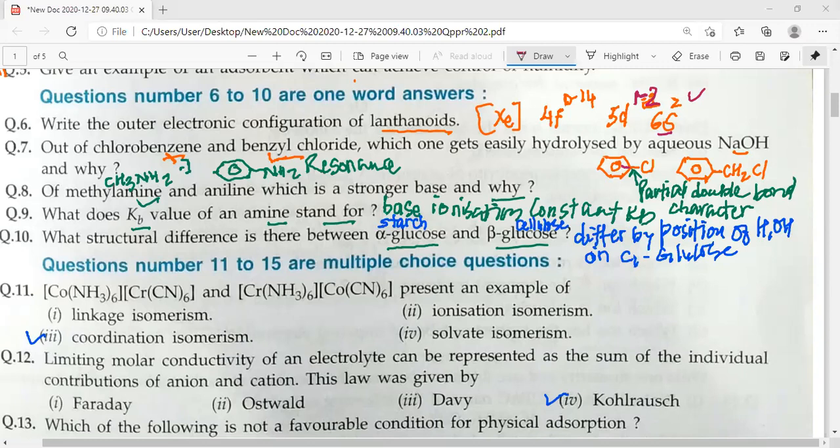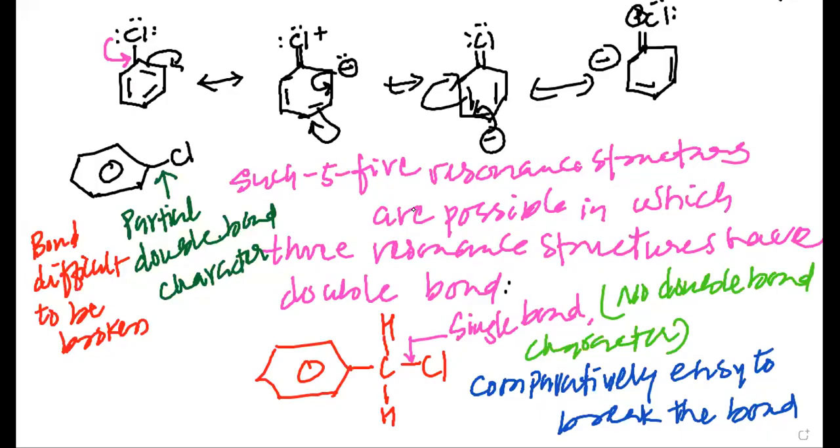So my dear students, when this chlorobenzene reacts with NaOH, the reaction is difficult.